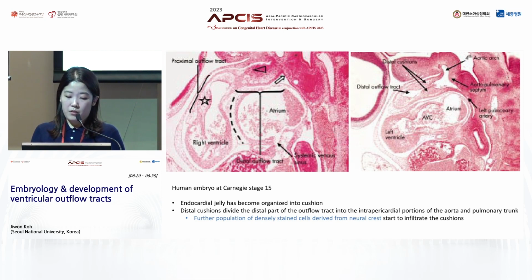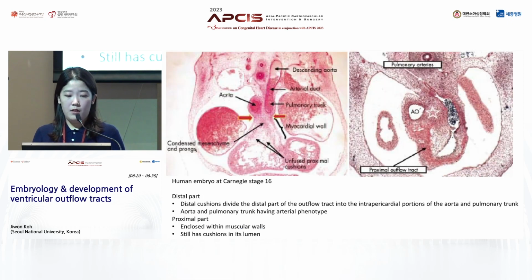And the population of densely stained cells right here, some of the endocardial cushions include some cells migrated from the neural crest. And this is another frontal view, which highlights the divided structures of the distal outflow tract into aorta and pulmonary trunk. So the distal cushions have divided these two structures.